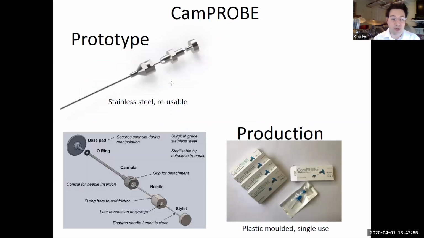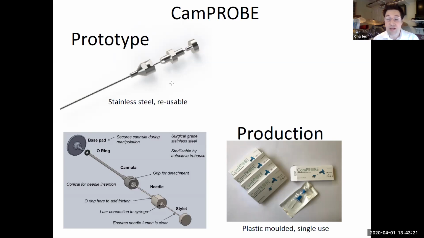So CamProbe. The original prototype was made of stainless steel. It was reusable, which meant it could be sent down to sterile services to be cleaned. The only problem was that it was stainless steel, so it was very expensive to manufacture and very few were produced. Instead, a single-use version was created.